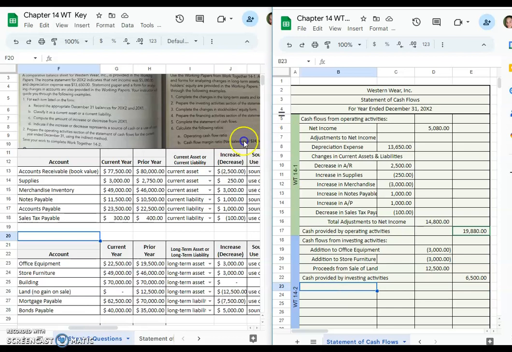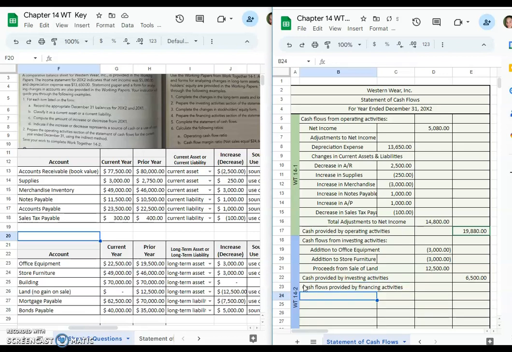And the next part we need to do is the financing activities section, right? Last section. So cash flows provided by financing activities, and we have mortgage and bonds to deal with.